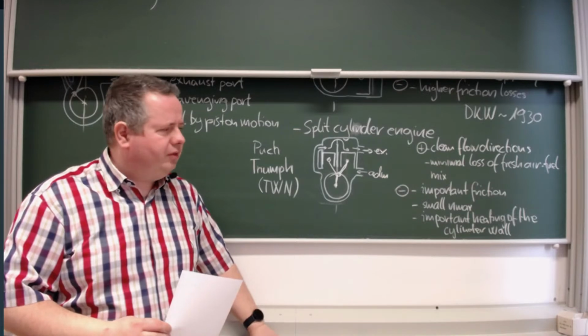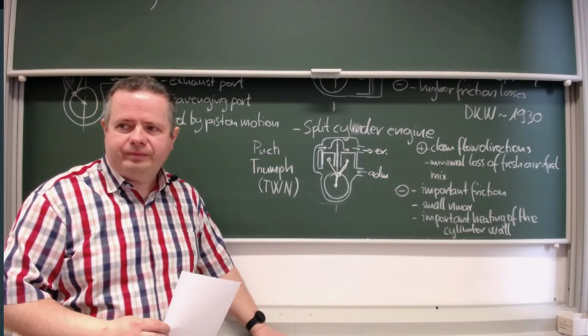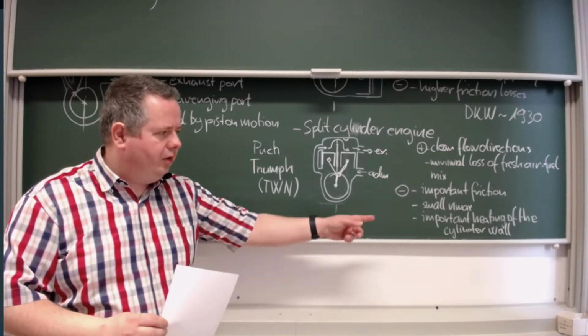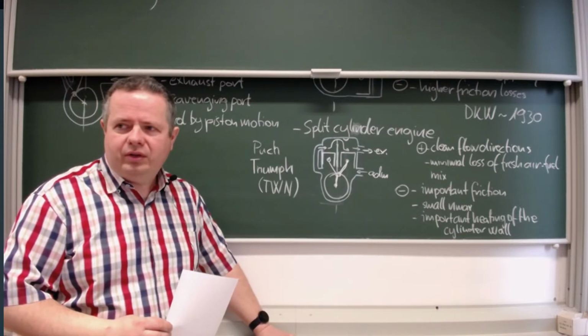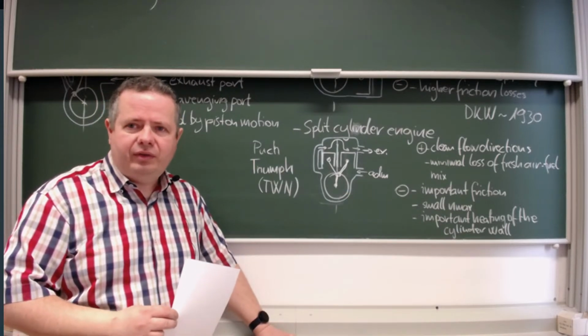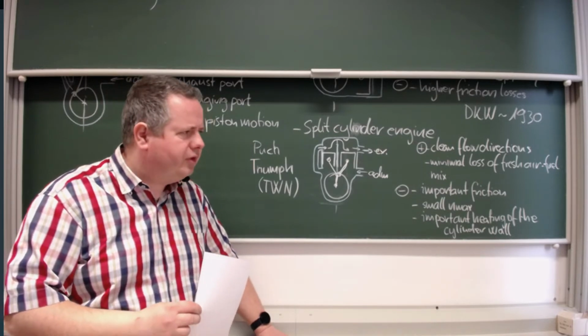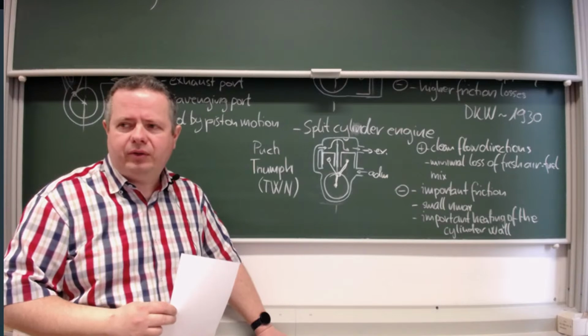And if you don't rev it, it's quite an efficient engine, because low speed, low friction, and at low RPMs it has a good efficiency. Not as good as a 4-stroke, but still not so bad for a 2-stroke.